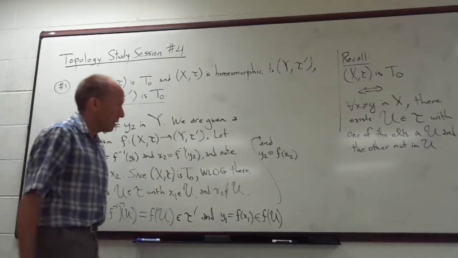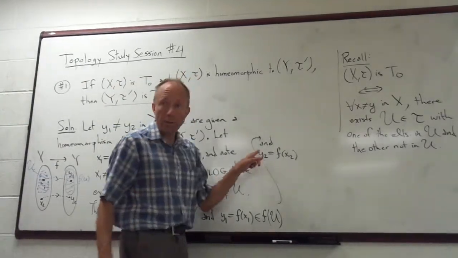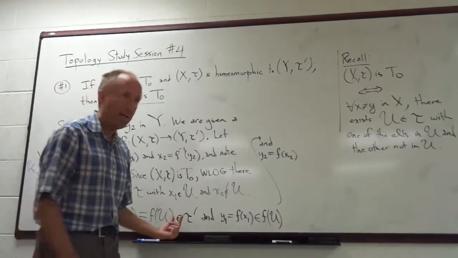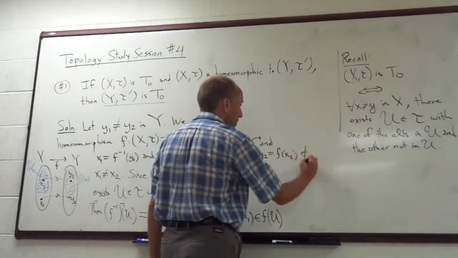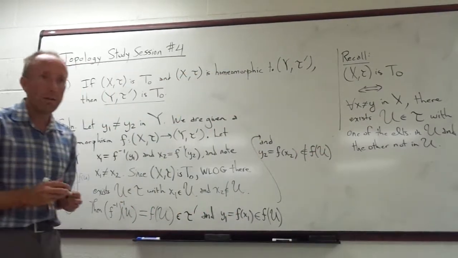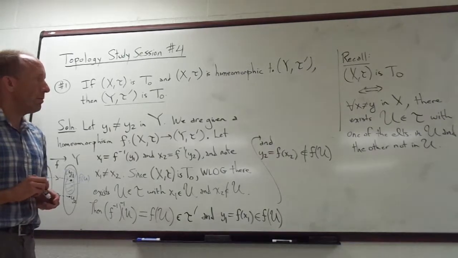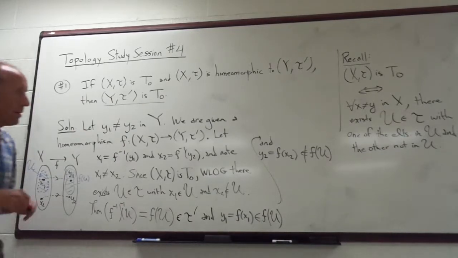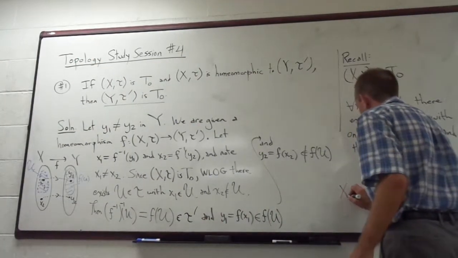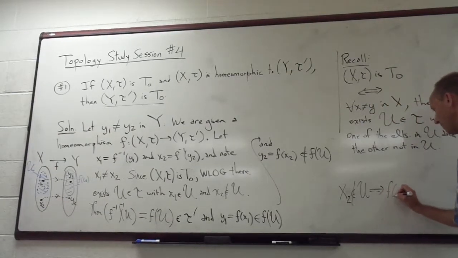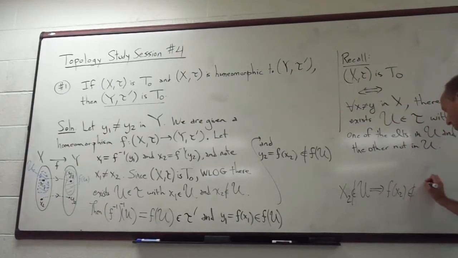Now, we want y2 to be outside of this open set. So in other words, we want to say that it is not in f of u. My question to you is, how do I know that it is not in f of u? By the way, is this a true fact? If x2 is not in u, does that mean that f of x2 is not in f of u?